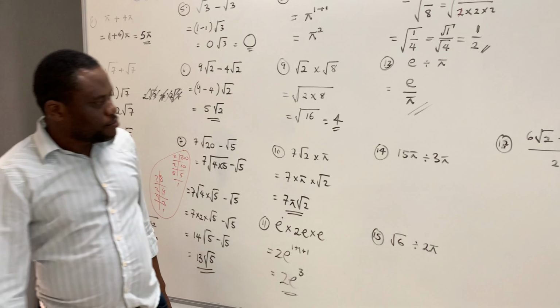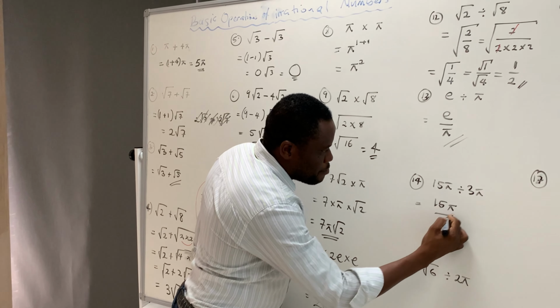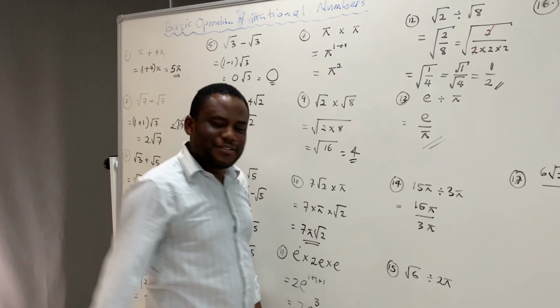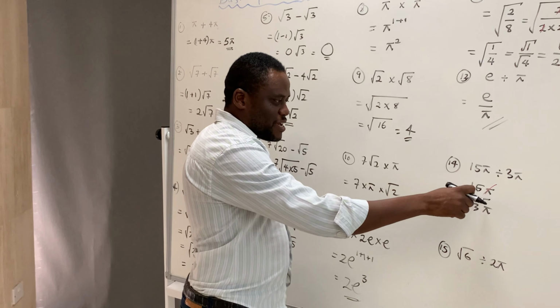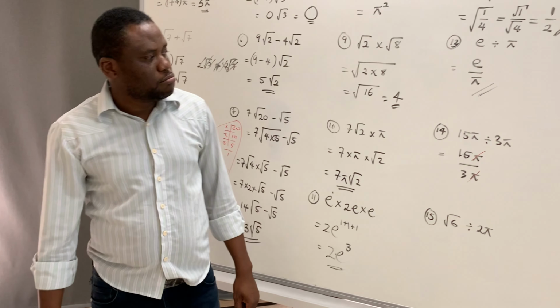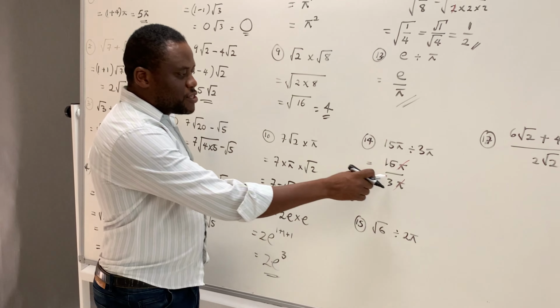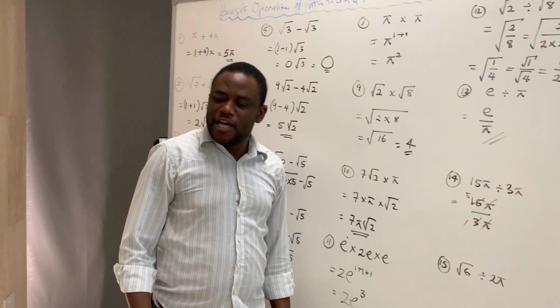Come here. Division again. 15 pi by 3 pi. Pi cancels. Pi is gone. 3 goes into 3 once, 3 goes into 15 five times.